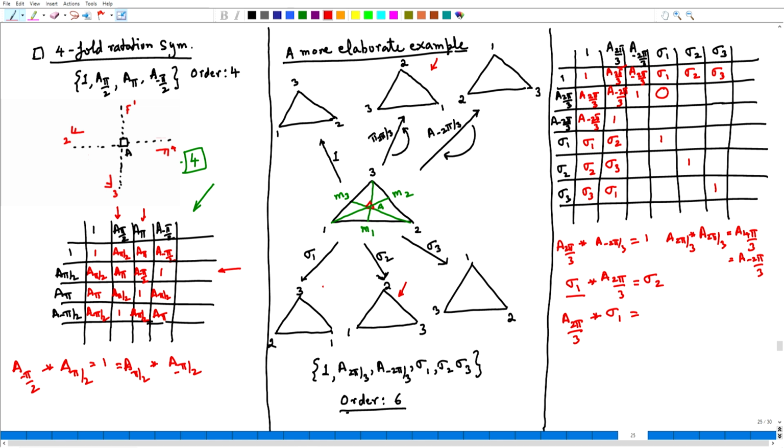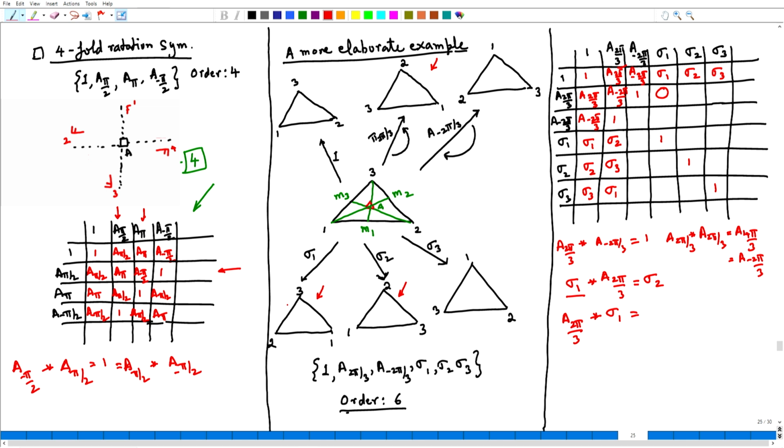After a sigma 1 operation I have this triangle in the configuration 3 2 1. To this I apply a 120 degree rotation counterclockwise. So, this will become 1 3 2.